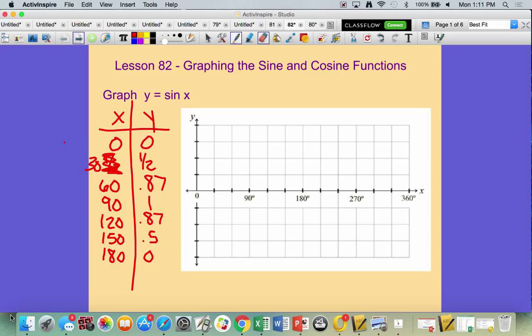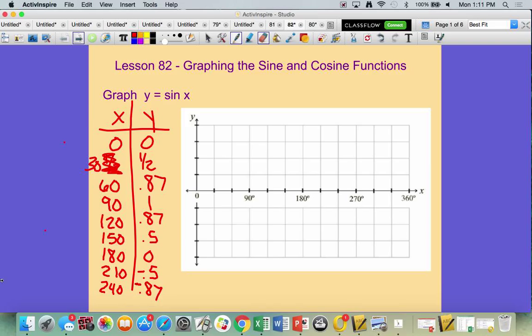So then the question would be, well, it looks like there's a pattern there, and there is in both sine and cosine graphs. Is it going to follow what I see here? Is it going to do something different? Well, if you plug in a 210 for x, sine of 210, we get a negative 0.5. 240, we get a negative 0.87.